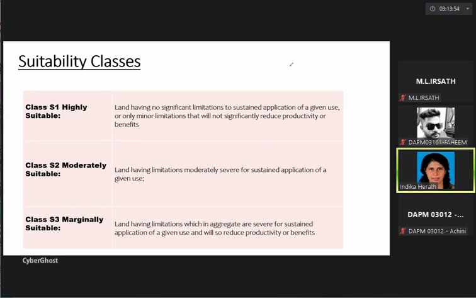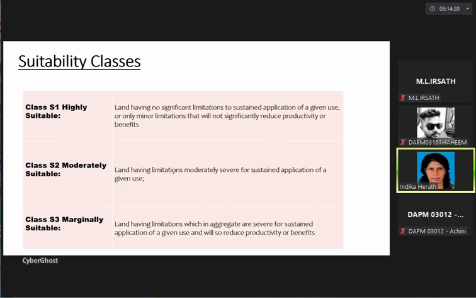But when it comes to class 2, you can see the limitation. So here, as mentioned, it is limited to moderately severe or for certain suitable applications, but there are certain situations where you can't change it. So you have limitations.